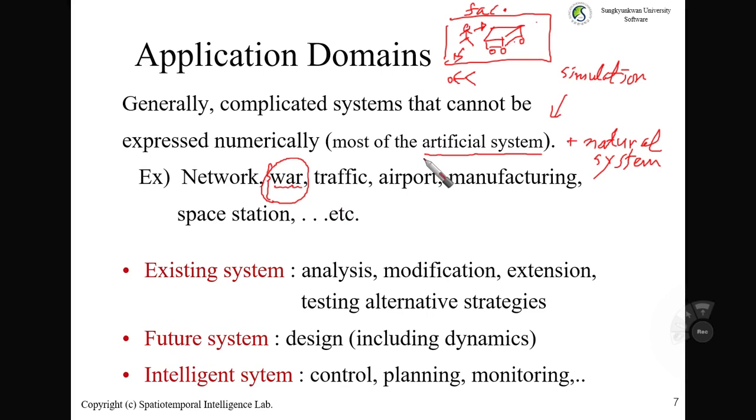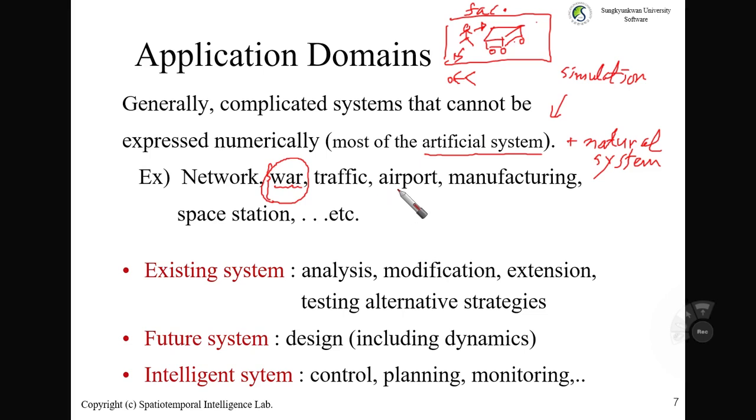And the simulation model can be applied to traffic systems. Many traffic, a traffic system formed by airplanes or trains or ships or automobiles. And there can be other different types.